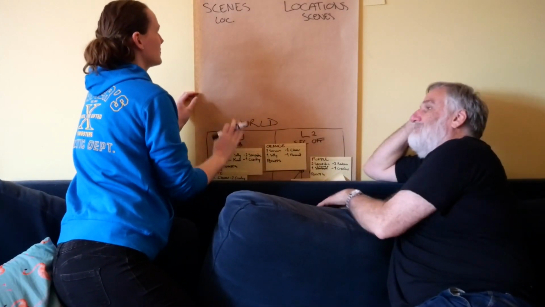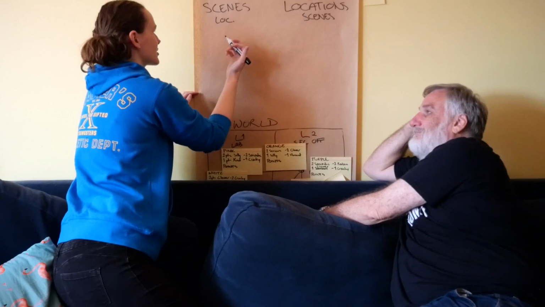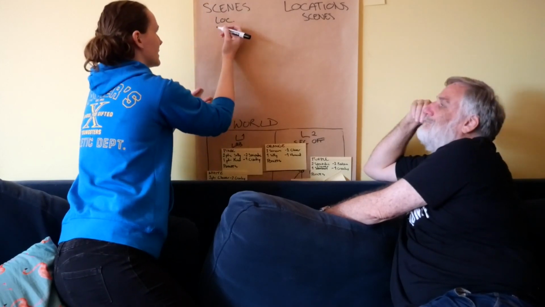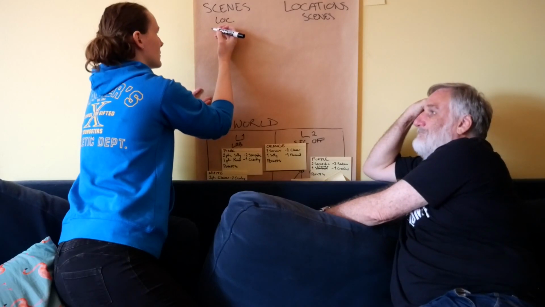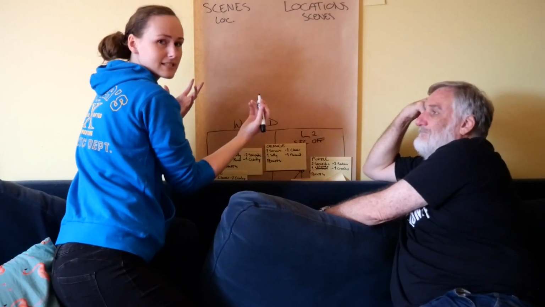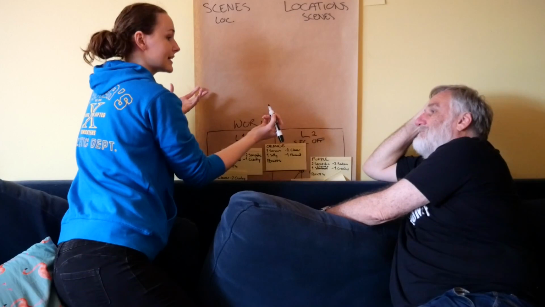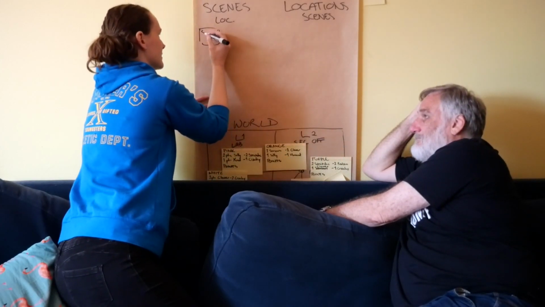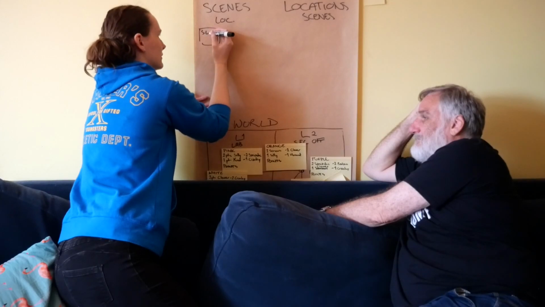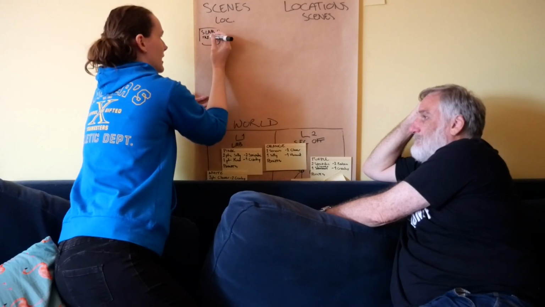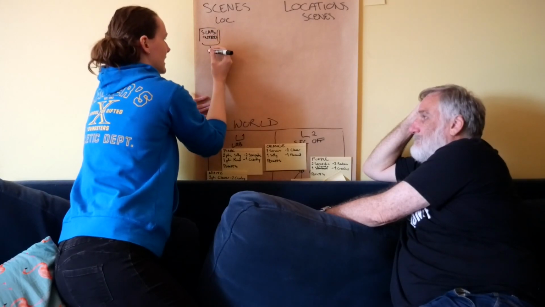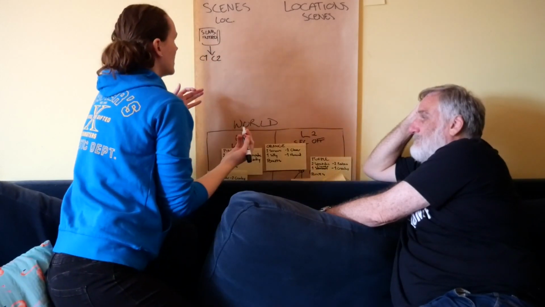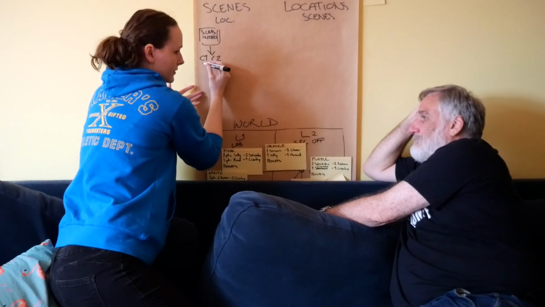Exactly. So if scenes are in locations, then with a pre-written thing, it is worded as if you were choosing between locations, but really you're choosing between scenes. So here's scene lab intro, and within scene lab intro you have C1 and C2, and their dialogue and all that stuff.